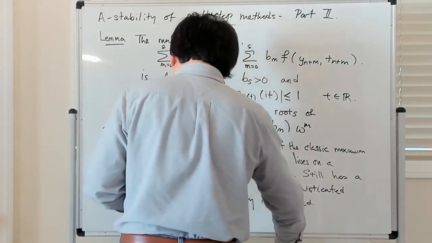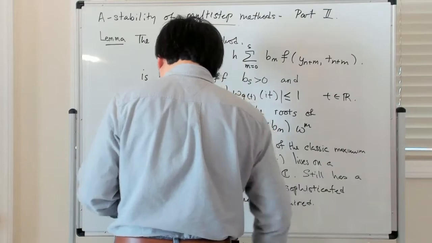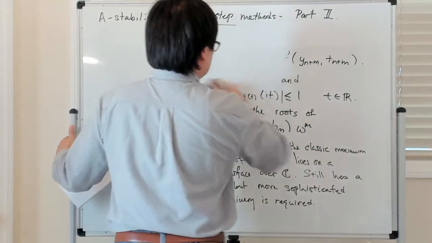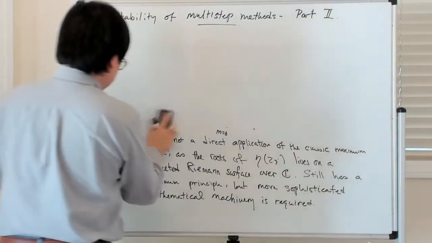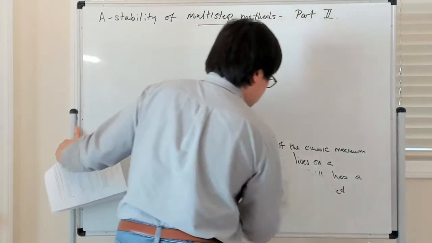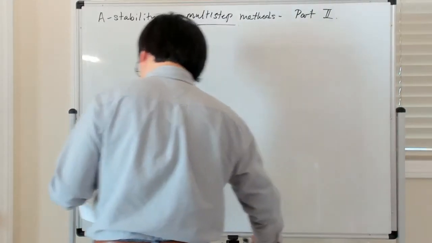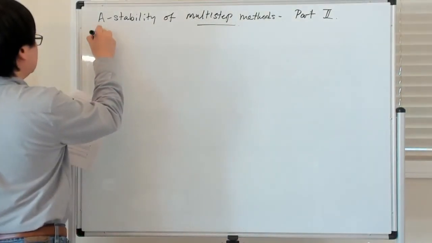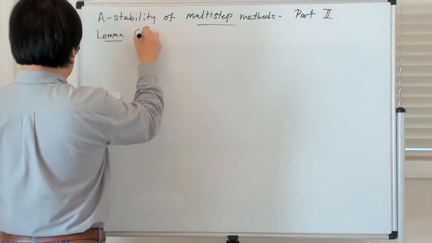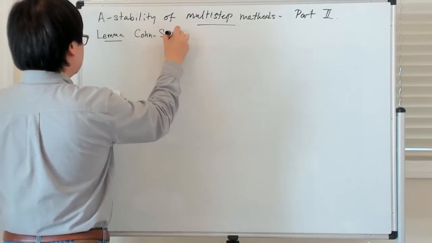Let me state a few more lemmas and theorems to close out this chapter on stiff problems. This lemma has to do with checking that condition. This is the Cohn-Schur criterion.